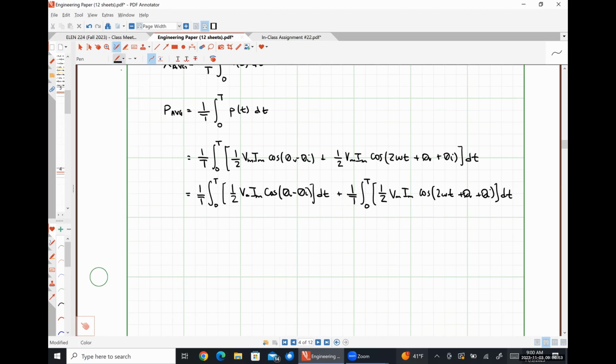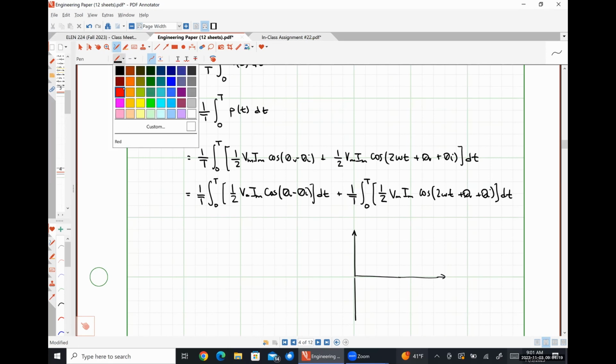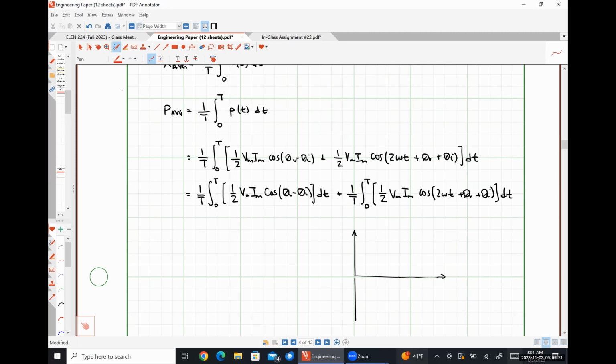And to help us out, I'm going to attempt to draw a picture. Let's say, just for simplicity's sake, that theta v plus theta I added together come out to be 0 degrees, so that my phase angle is effectively 0, and I don't have to shift anything because that's just going to make my drawing look even worse. So the AC portion of this thing is just a sinusoidally oscillating signal. Okay?